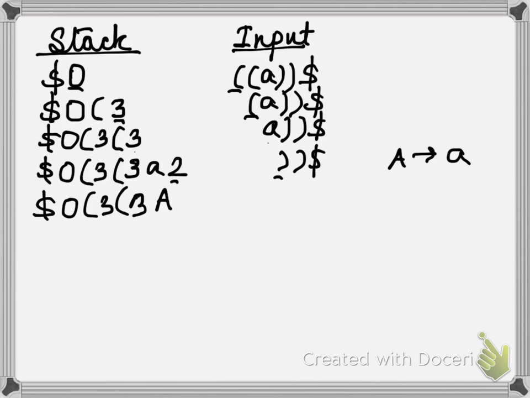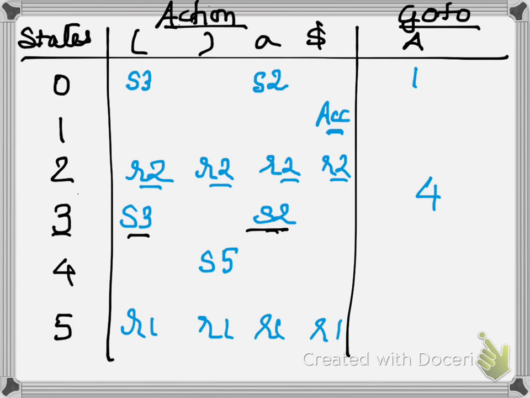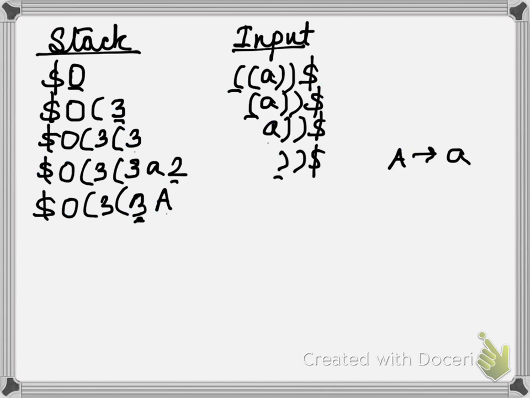Instead of 2, we will see what is there at the bottom. So 3 is there. So 3 on A is what? Go to 4. So in the go to section we have 4 here. So 3 on A will be 4.